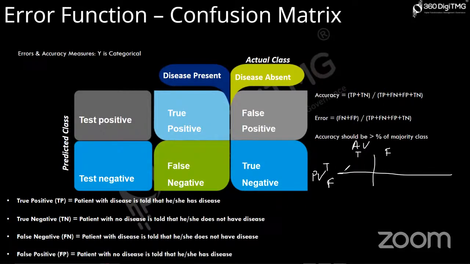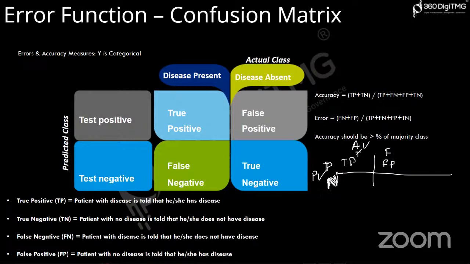When both actual value and predicted value are true, this point is known as true positive. When actual value is not true, but predicted value says it is true, it is known as false positive. Let's write this positive, this negative, it will be more clear.